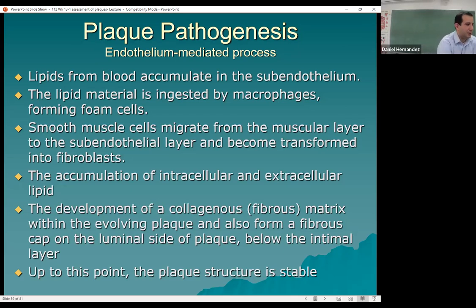Then some of the other cells, the smooth muscle cells from the muscular layer, enter into the subendothelial layer and become transformed. So you start to get formation of fibroblasts. This is when we start developing the fatty streak, when we get some introduction of that fibrous material from the fibroblasts.